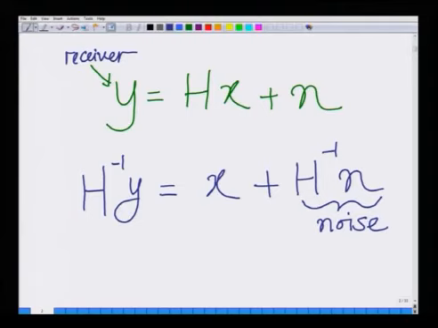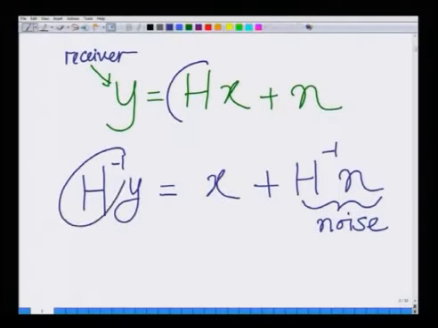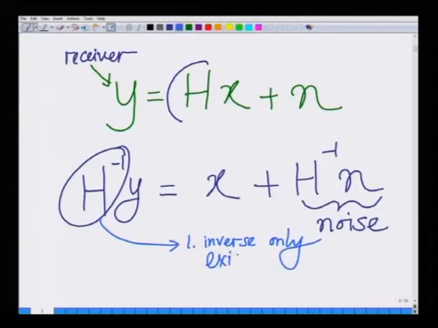This is the simplest inverse receiver, except that in the most general case I cannot compute H inverse. Why? Because of two reasons. One, inverse only exists for square matrices. So, inverse only exists if R equals T. And two, even for a square matrix, inverse need not exist if the matrix is rank deficient.